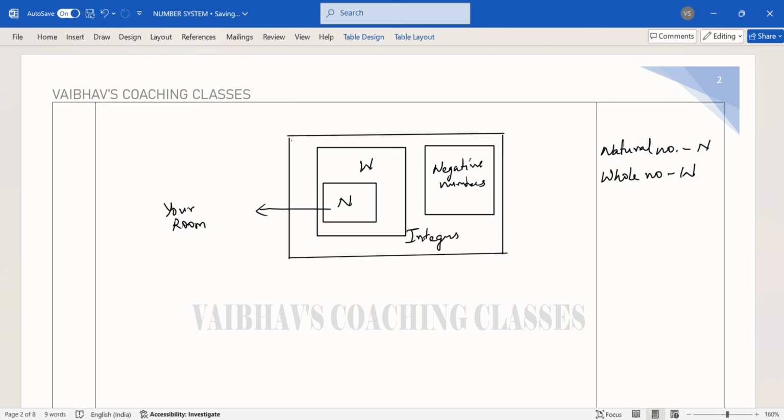And how do we represent integers? Integers are represented by the letter Z.